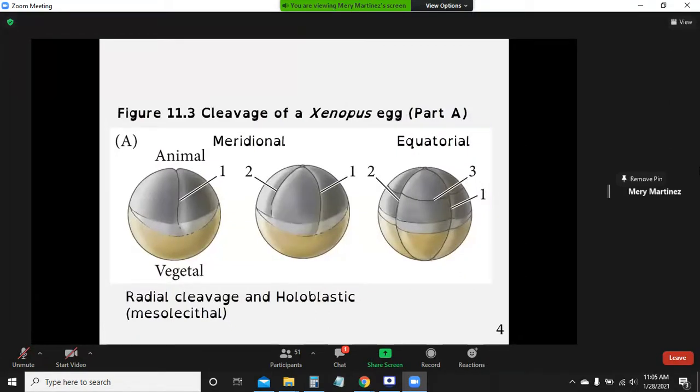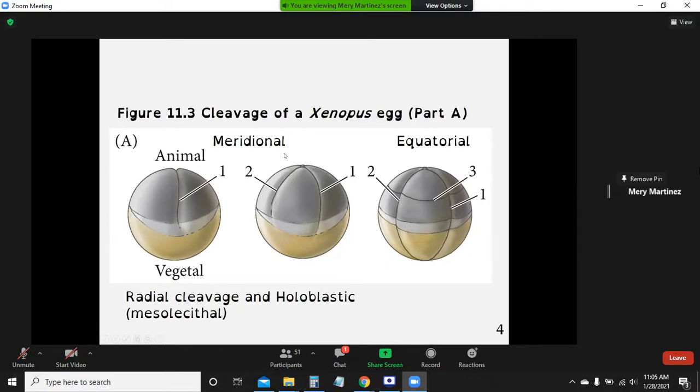Okay, cleavage. So like in sea urchin, cleavage is radial and holoblastic. Okay, as we saw in the sea urchin, it starts with meridional, right? First one and second one at right angles to one another. So still meridional.